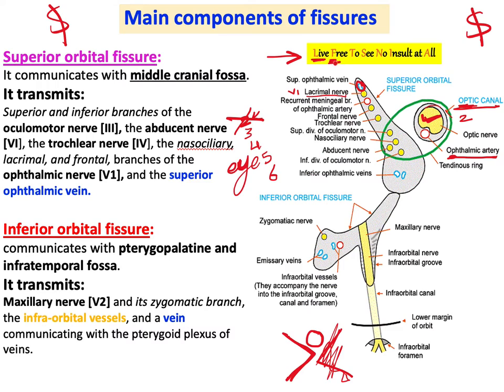Free: the first letter of the frontal nerve, in sequence, right? Lacrimal nerve, frontal nerve, also V1, cranial nerve number 5. And here is the trochlear nerve, 2. Live free 2. Let us stop here. That means lacrimal, frontal, and trochlear nerve, which is cranial nerve number 4. Okay, finish 4.